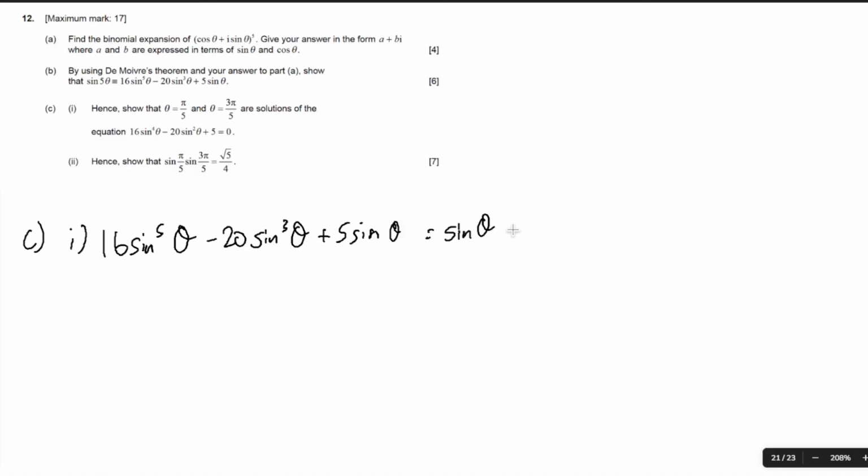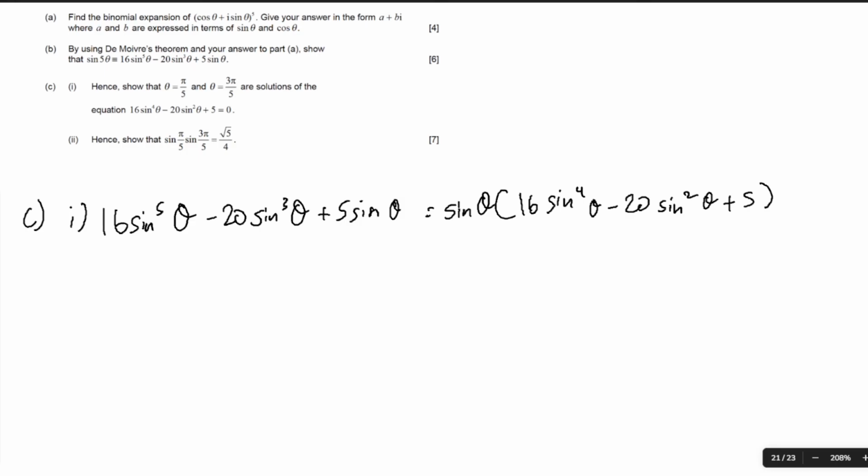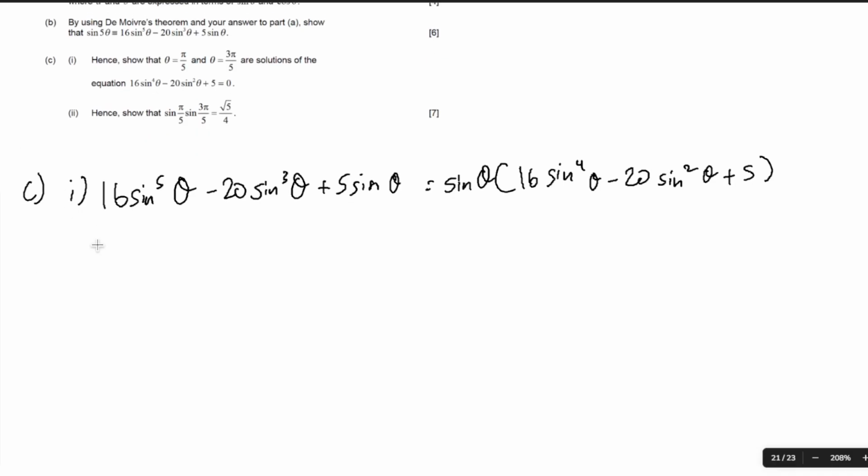So sine theta times 16 sine power 4 theta minus 20 sine squared theta plus 5. And we can see that sine 5 theta, which is this entire thing, can equal 0.